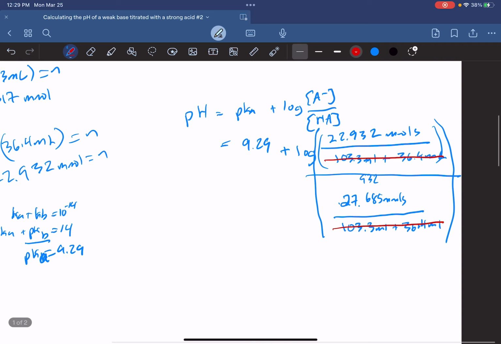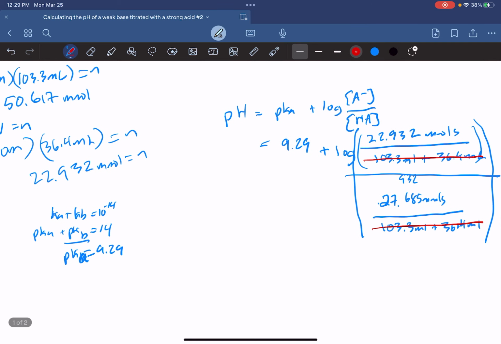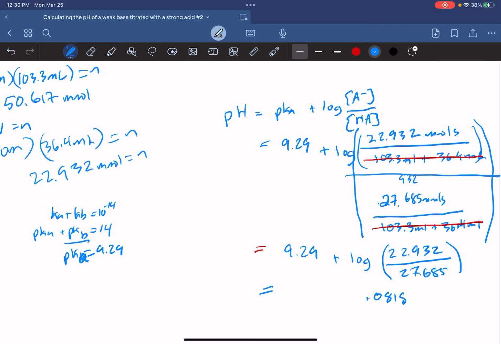So then when we're doing our math, all we're doing is taking the 9.29 and adding that to the log of 22.932 all divided by 27.685. And that ratio is going to give us a log here of 0.0818, which we're going to add to the 9.29.